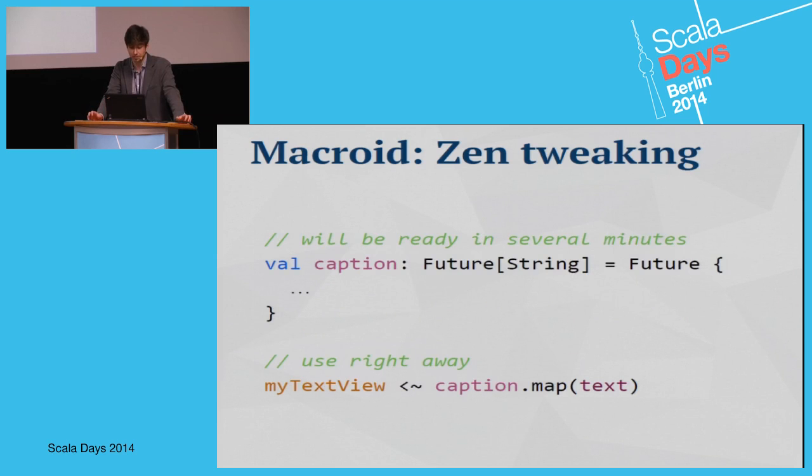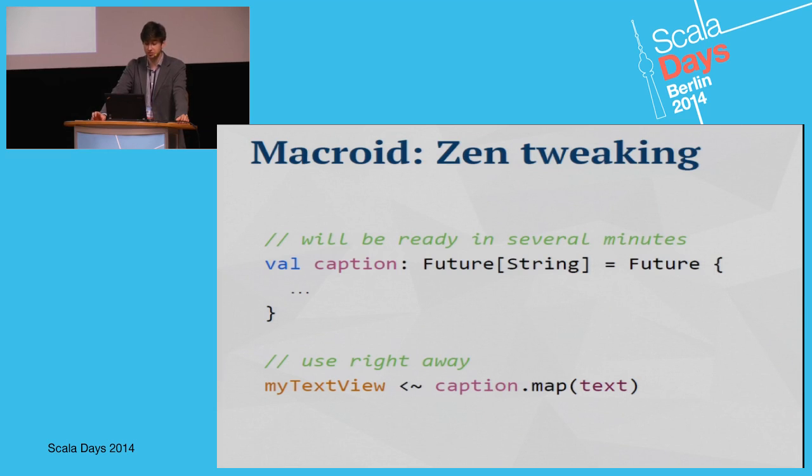So, for example, if we have a caption, which is a future of string, so it's a caption that will come in 5 minutes or 10 minutes or at some point in time, we can map this future caption onto the text tweak. So we can apply this caption right now. And when the future finishes, the caption will change.